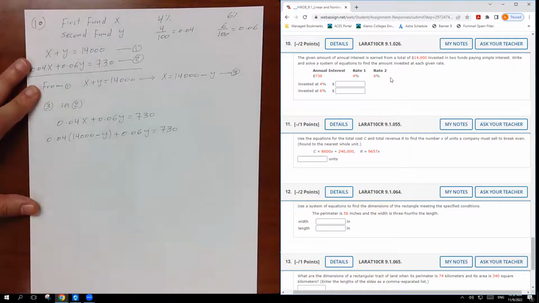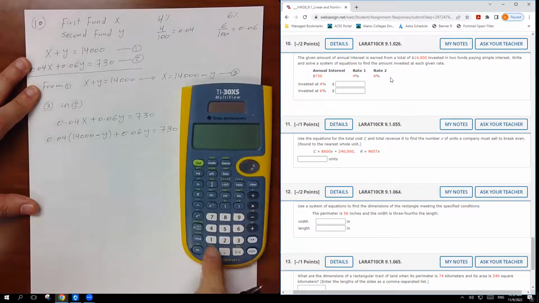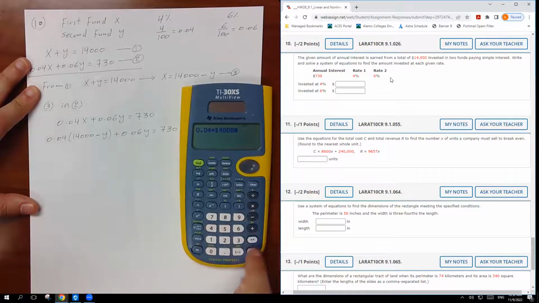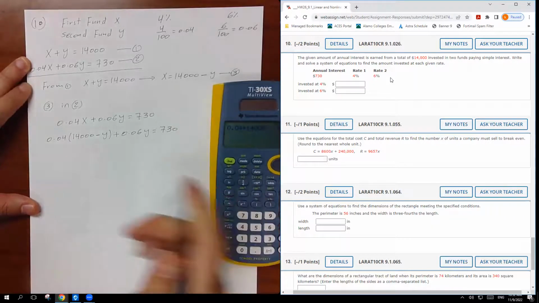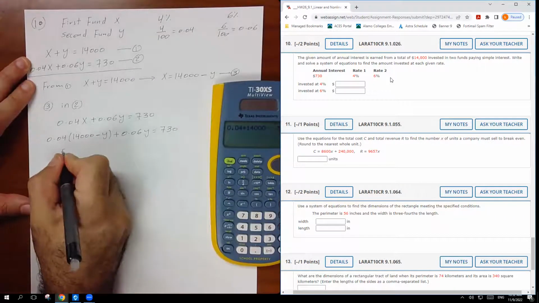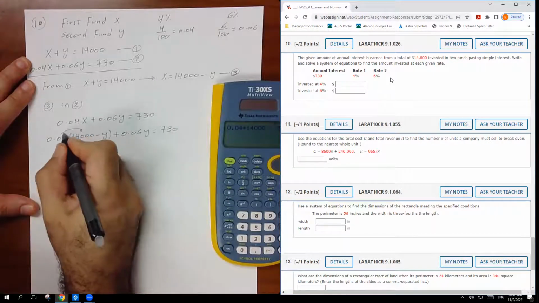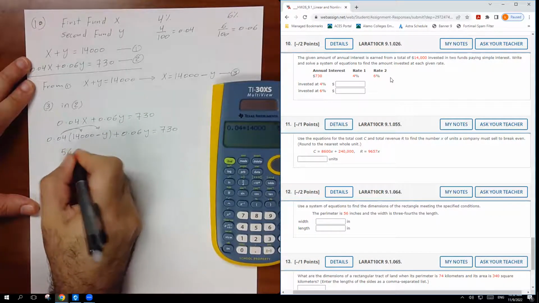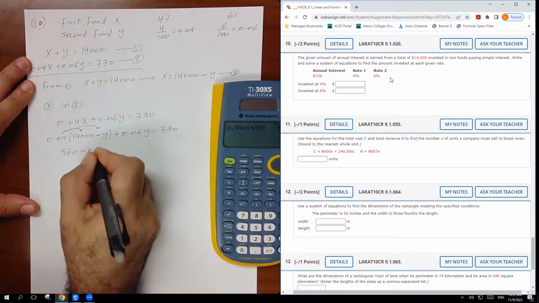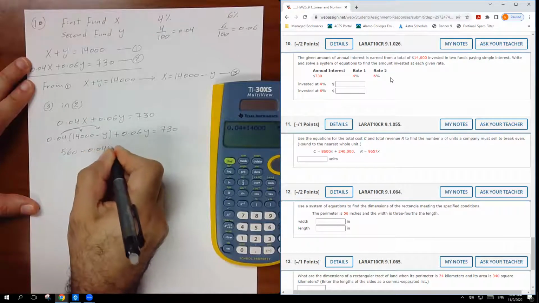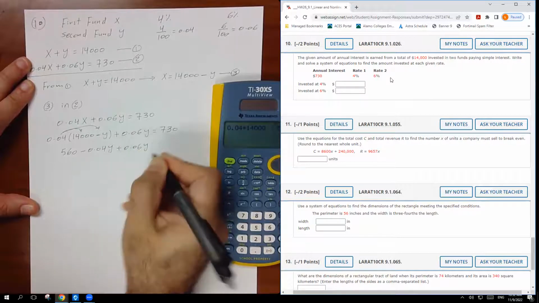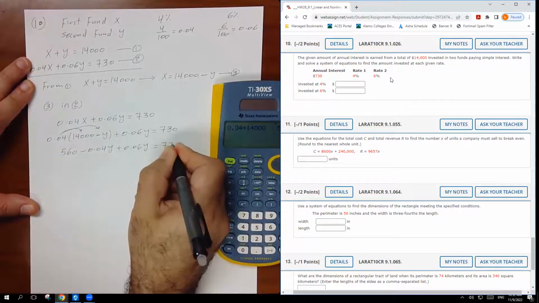Then I'm going to distribute. So 0.04 times 14,000 is going to be 560. That means here, because I need to distribute, 560 minus 0.04Y plus 0.06Y is going to be equal 730.